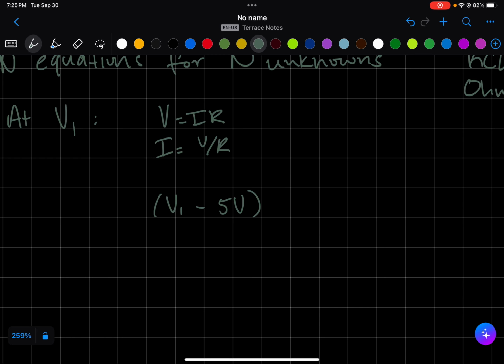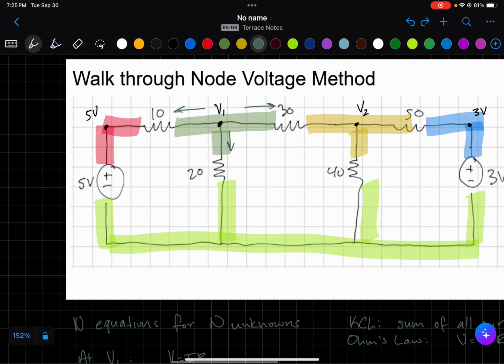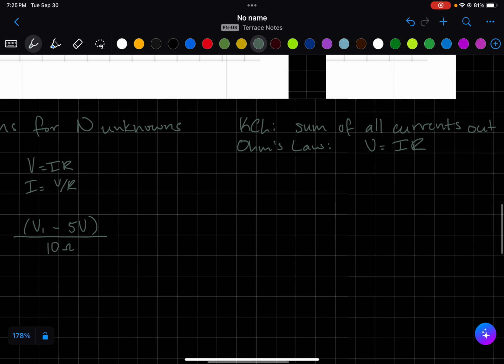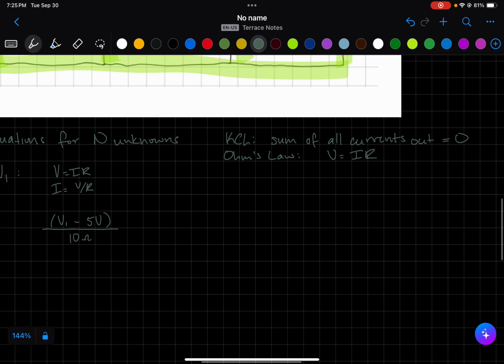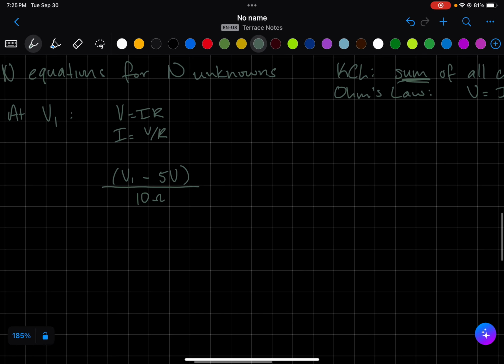So V1 minus 5V, and then we have our resistor in the bottom, and that one, it looks like it's gonna go over our 10 ohm resistor. So 10 ohms goes right there. And KCL is the sum of all currents. So you're gonna add.